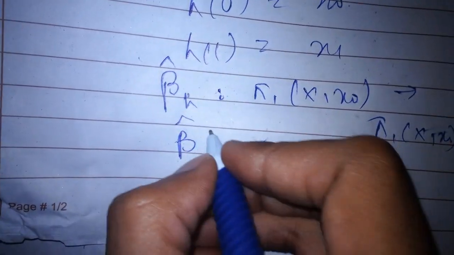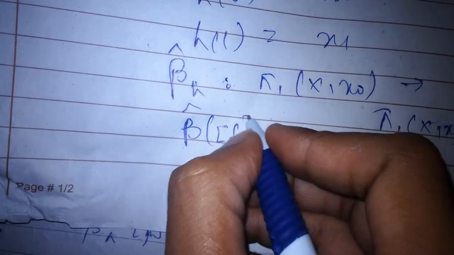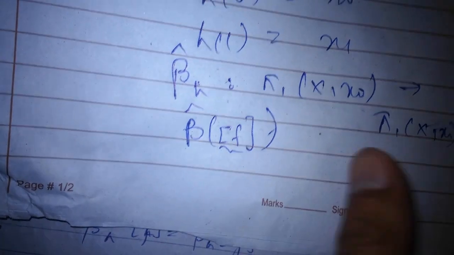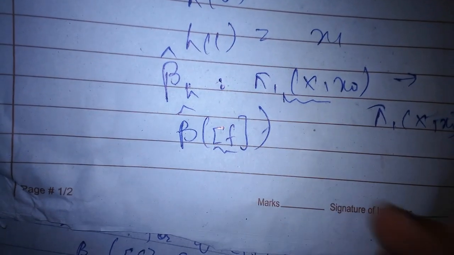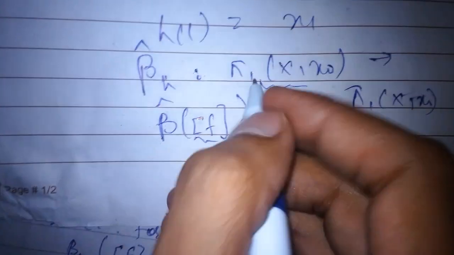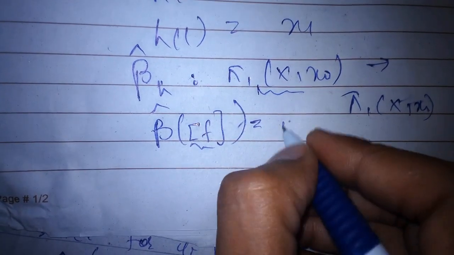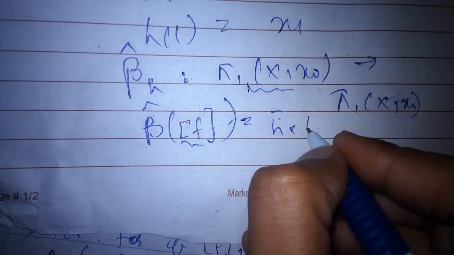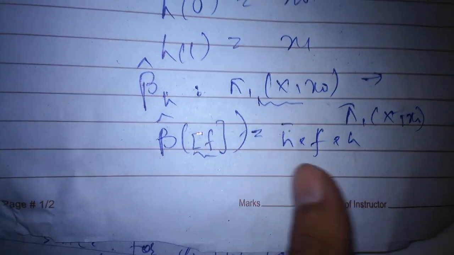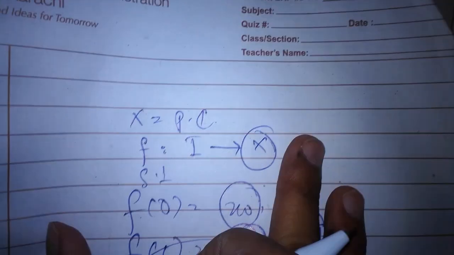If we substitute a loop of this fundamental group, this is how it works: h bar, f, then h.